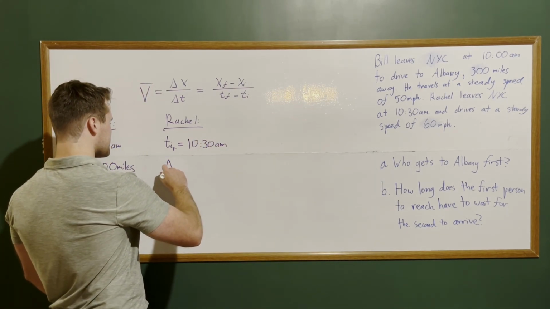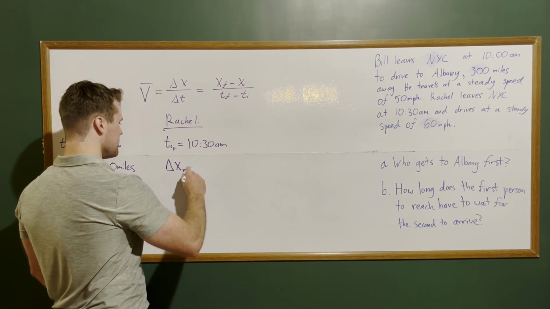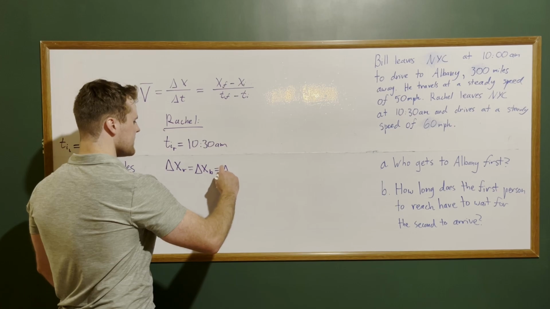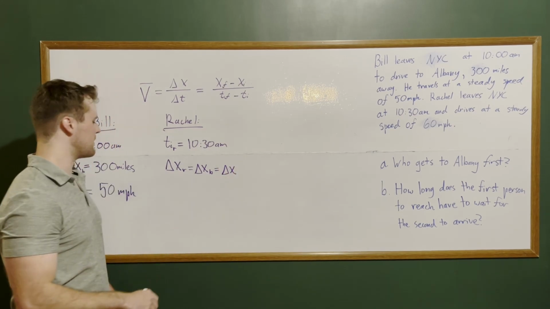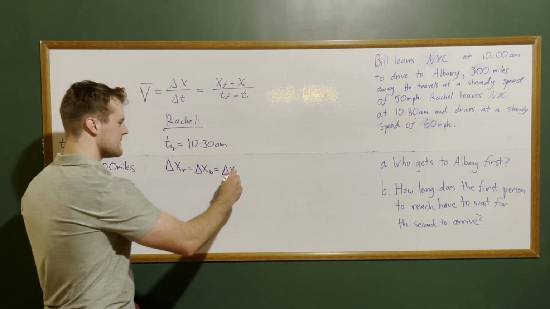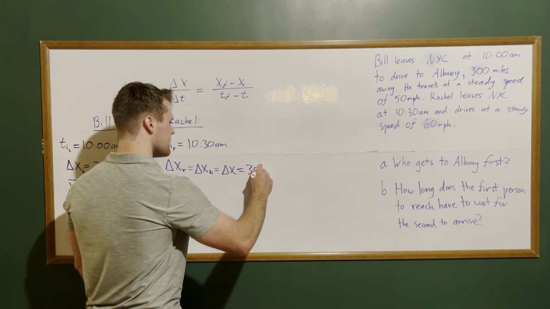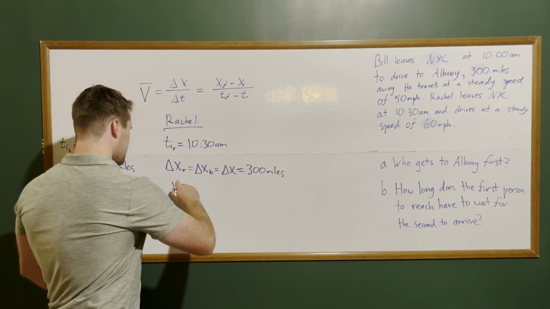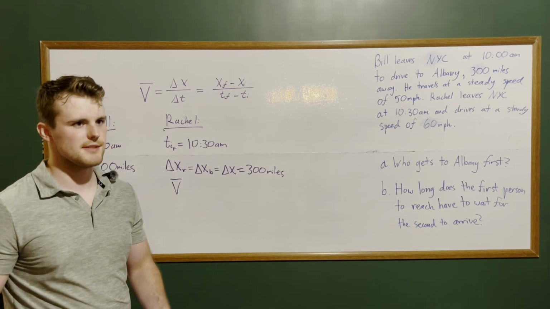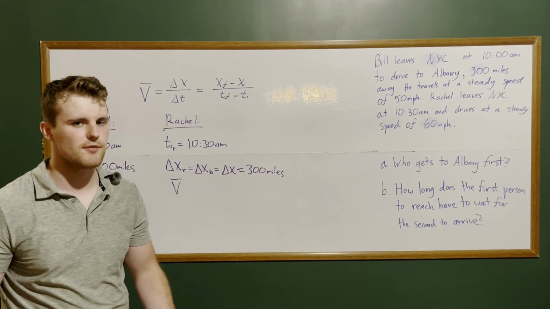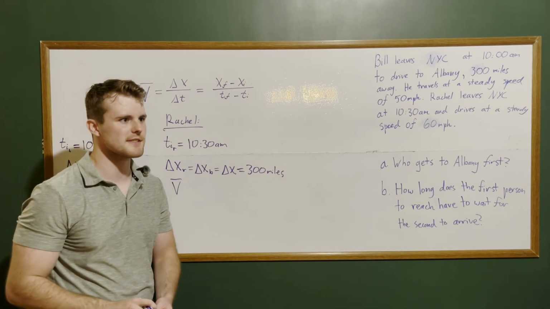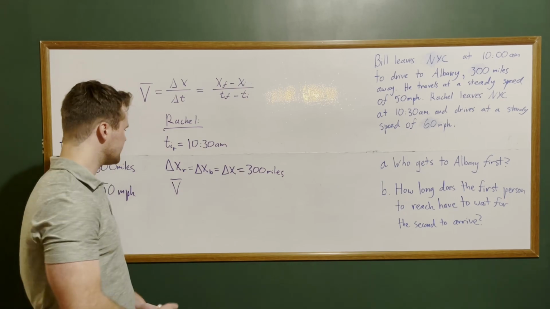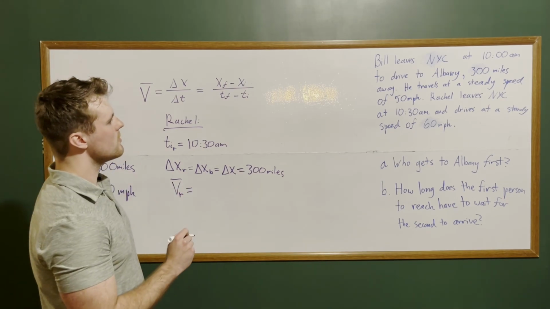So delta x r equals delta x b, which we'll just call delta x, which we have already defined to be 300 miles. And now for our average velocity, which in the context of this problem is the same thing as speed because they're going in the same direction. So we're going to define our coordinate system to be in the positive direction leading from New York City to Albany. V sub r equals 60 miles per hour.